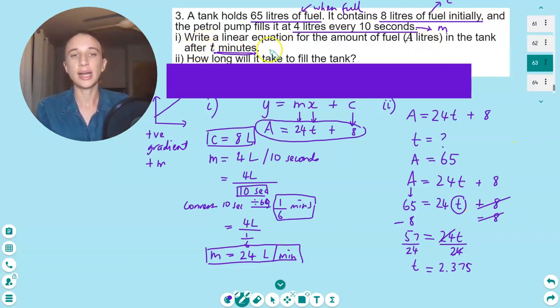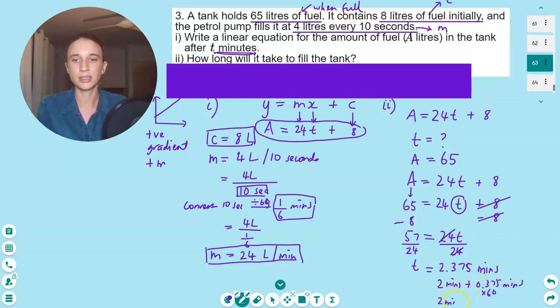Come back to the question. Our equation was in terms of minutes. So if you wanted to convert that to minutes and seconds, you can go 2 minutes plus, you can separate that out, 0.375 minutes. Now, if I want to convert that to seconds, I times it by 60.